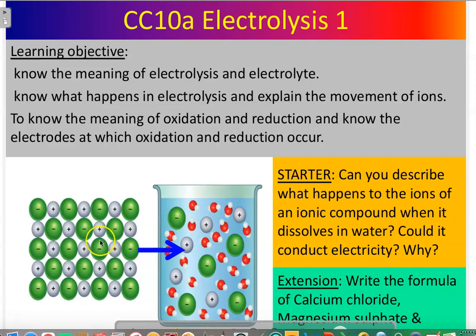When ionic compounds are solid, the ions are held up in the bonding, so they are not free to move. However, once they dissolve in water, like this picture on the right here, the ions are free to move around, and therefore they are able to carry charges.